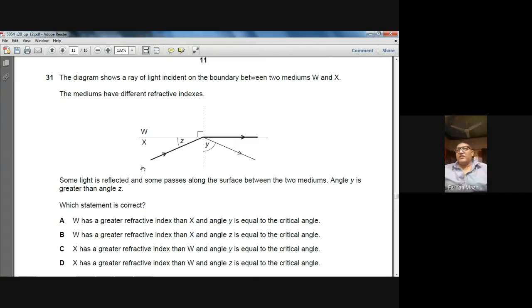You see here some light is traveling on the surface. Some light is reflected and some passes along the surface between the two mediums.